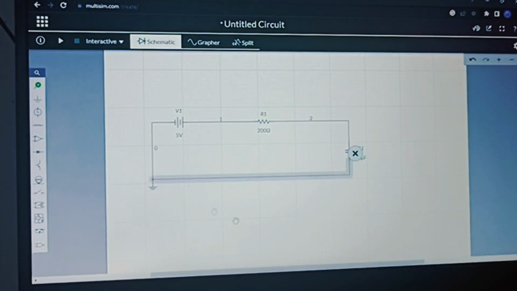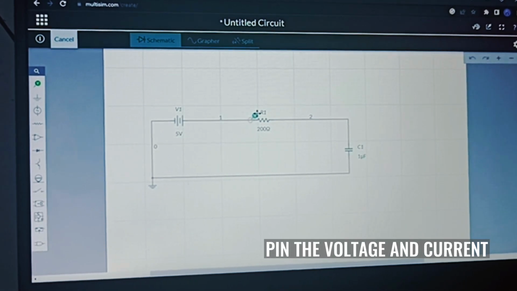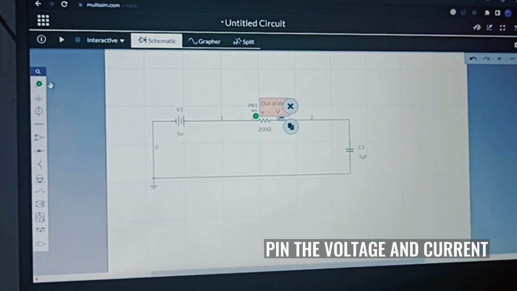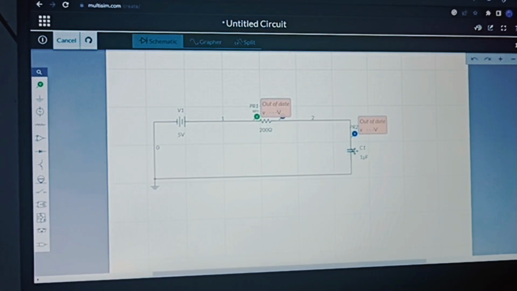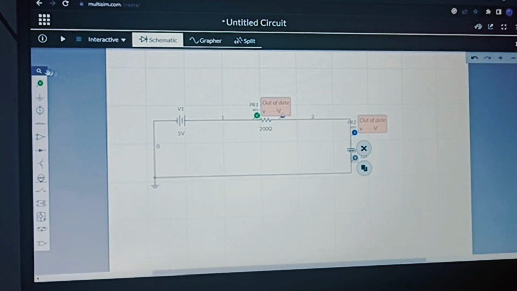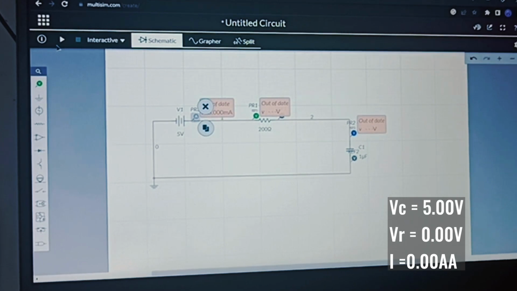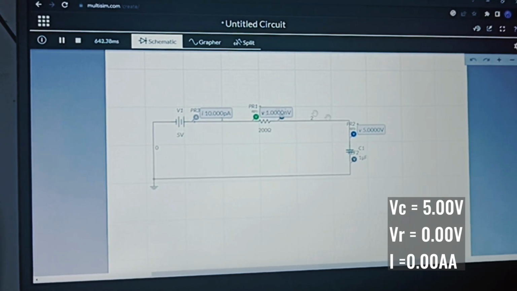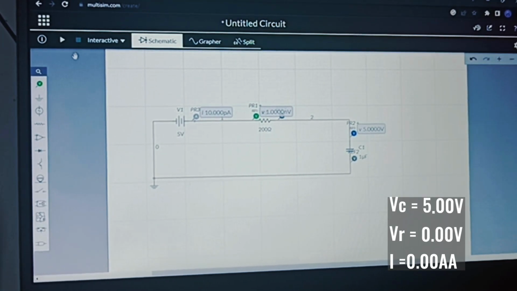We connect all of them in series, and then we pin voltage and current annotation in the circuit to get the value of voltage and current. So we get 0 ampere current flow through the circuit, 0 volt at resistor, and 5 volt at the capacitor.